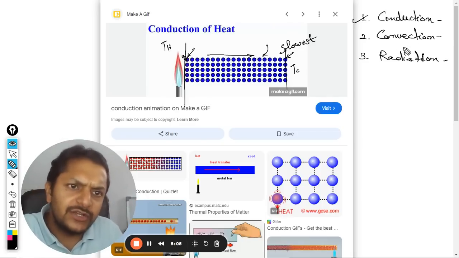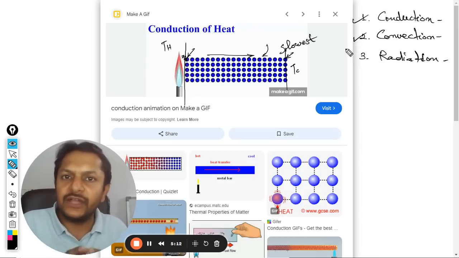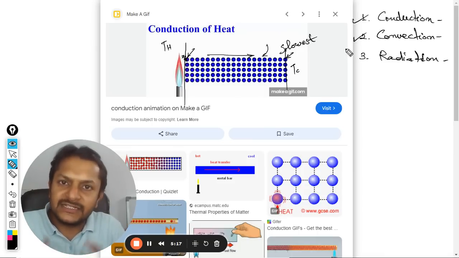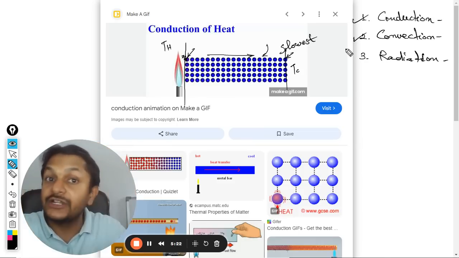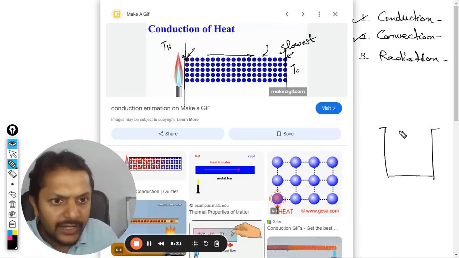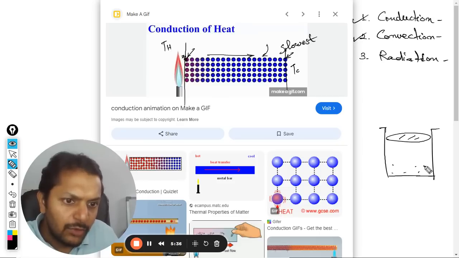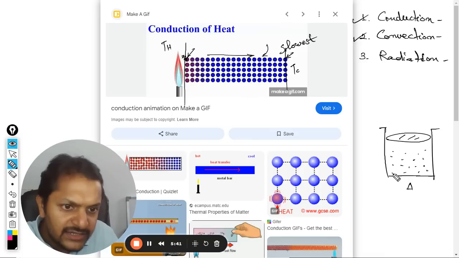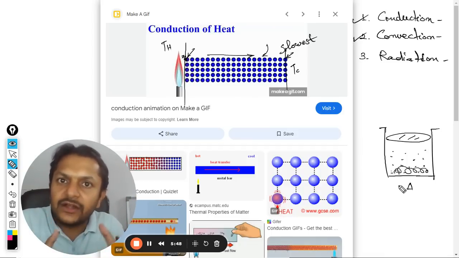Now, coming to convection. Convection is a more popular mode of heat transfer in liquids. The bottom of the liquid starts gathering heat and the molecules start moving up while the colder molecules go down. Let me elaborate on this. These are the molecules sitting here. When they are heated, they gather heat.